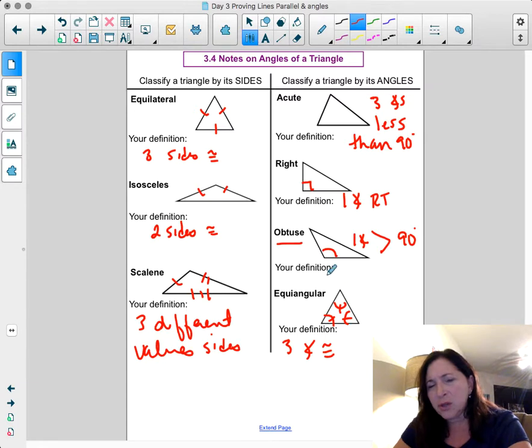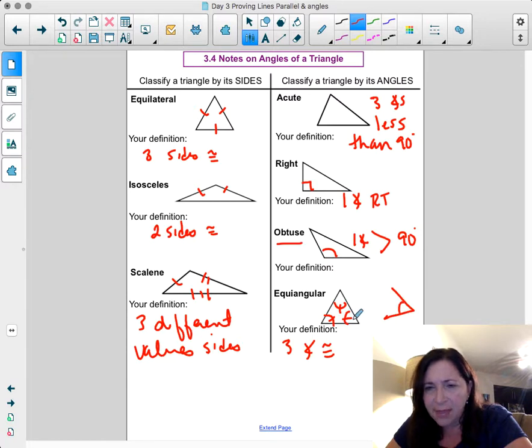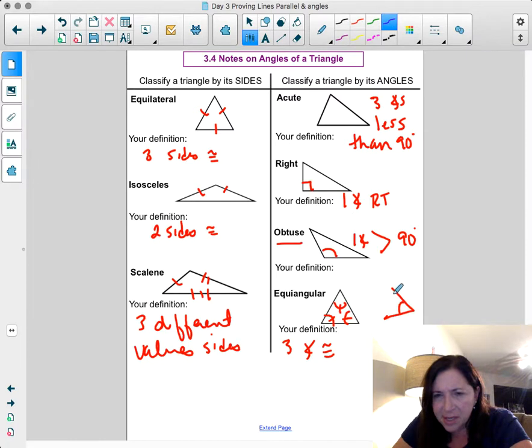What you need to know about this is that if you have an angle, let me just draw this angle here, and that angle is congruent to these other angles. The side opposite that angle, let's draw on that side, is congruent to the other side that's the same length or the same measure. So these two lengths are the same.